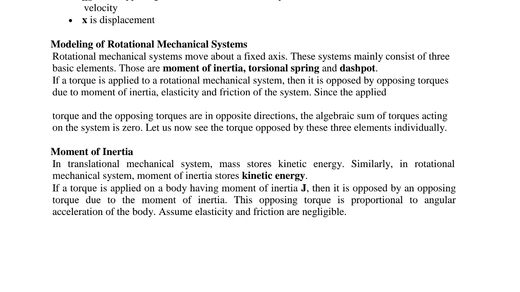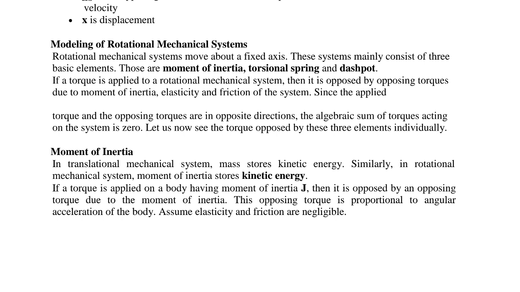Now the moment of inertia, similar to mass, stores the kinetic energy, but instead of force, here you call it torque. If the torque is applied on a body having moment of inertia J, then it is opposed by the opposing torque due to the moment of inertia. This opposing torque is proportional to the angular acceleration of the body.